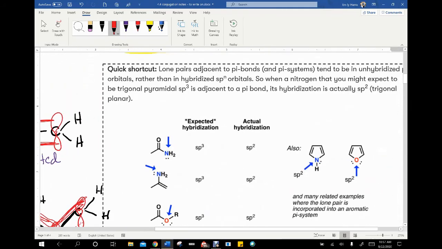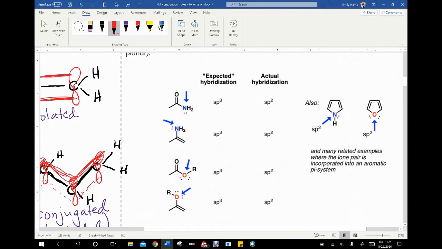Now right quick, just to throw something in that's interesting, just to expose you to this, you won't actually be asked to apply it at the moment. But sometimes atoms with lone pairs can convert to an sp2 hybridization in order to create a conjugated system within a molecule. Conjugation is really favorable. It's a good thing. It benefits molecules when it happens.